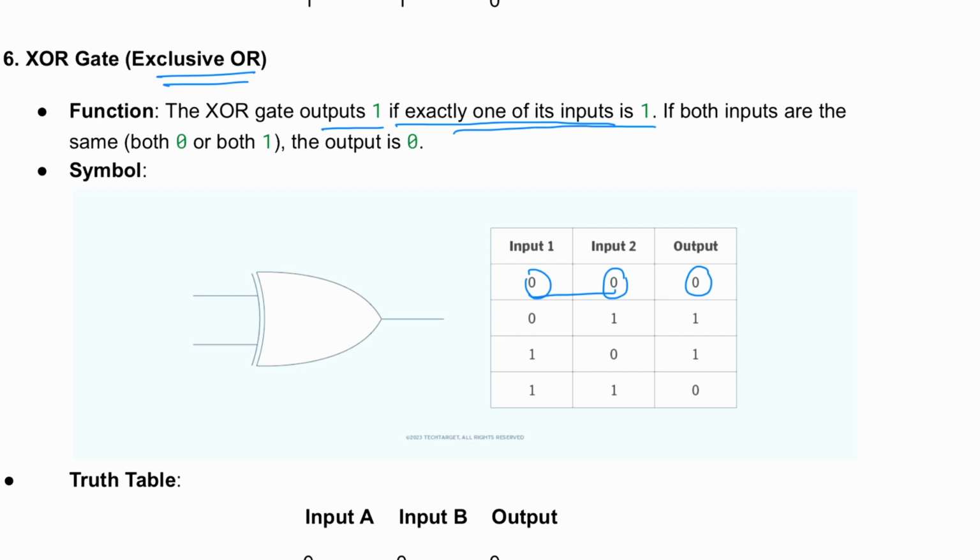If we see here 0 and 1, exactly one input is 1, the output is 1. In this case also exactly one input is 1, the output is 1. If we see this case, here both the inputs are 1, the output would be 0. So you have to remember that exactly one of the inputs should be 1 for the XOR gate, and then the output is 1, else it's 0.